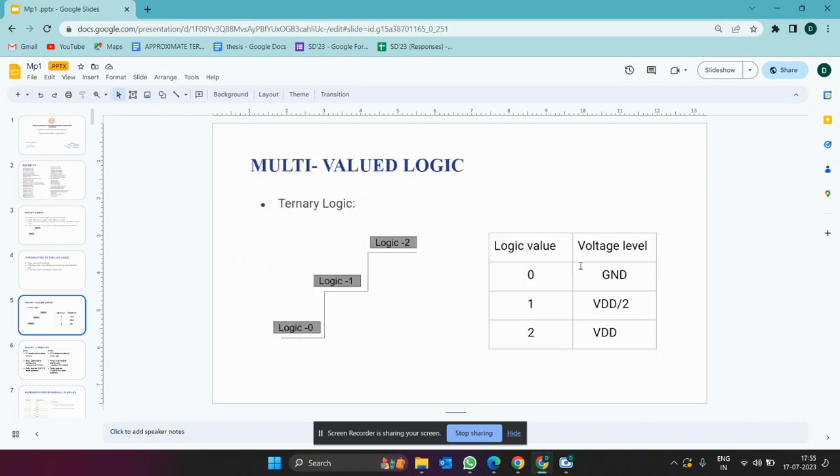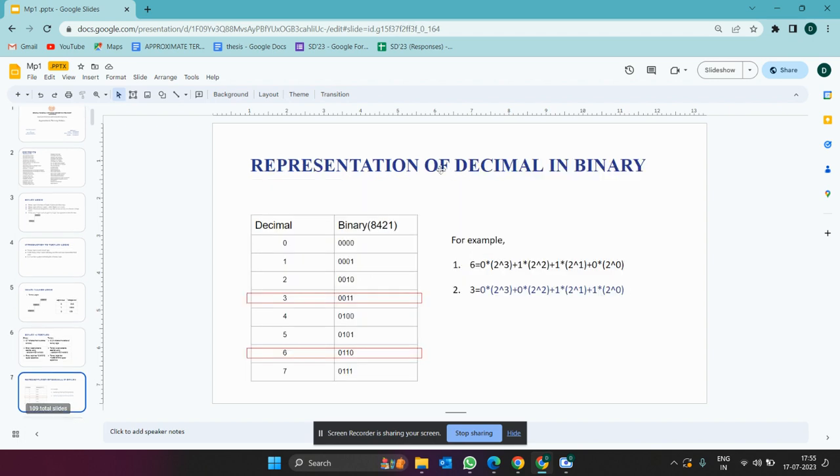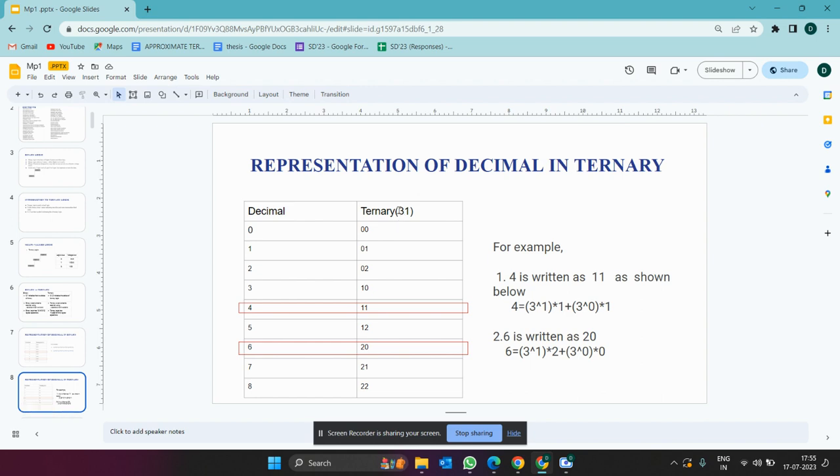These are the voltage levels for the respective logic values: 0 represents the ground level, 1 represents half of the source voltage, and 2 represents the source level. And this is the representation of binary from the decimal. Here in binary we have 8421, but in the ternary we have 3 and 1.